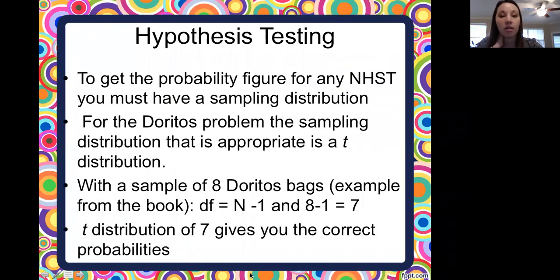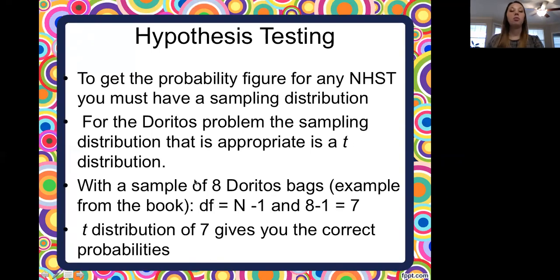To get the probability figure for any NHST problem, you must have a sampling distribution. For us, our sampling distribution is our T distribution, so we're going to be using our T table. For the Doritos problem, with a sample of 8 Dorito bags, our degrees of freedom is 7. We know that our degrees of freedom formula is n minus 1.